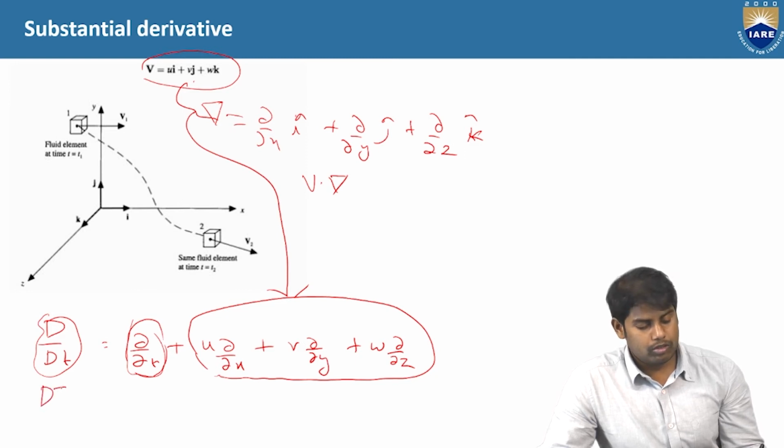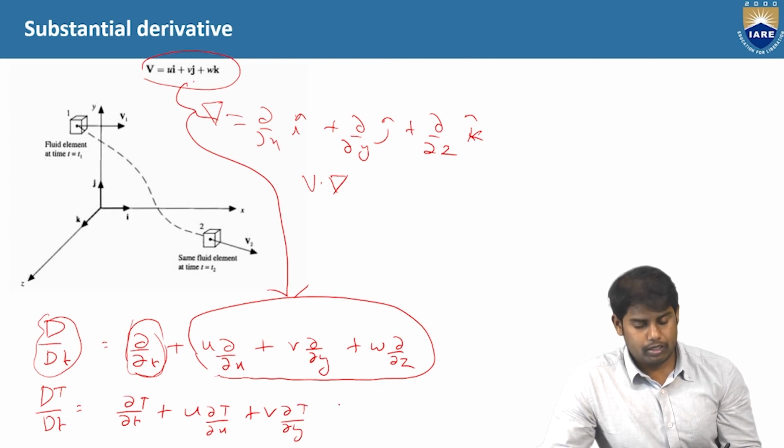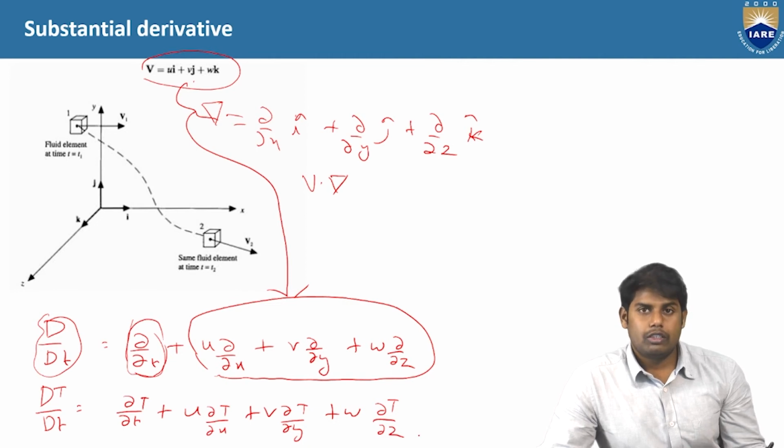That would be D/Dt equal to ∂T/∂t plus u ∂T/∂x plus v ∂T/∂y plus w ∂T/∂z. So the substantial, material or total derivative gives the information of the local derivative term and the convective derivative terms of the corresponding variables.